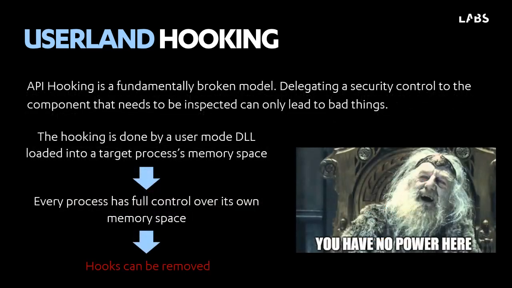And you can see in the slide, it's pretty simple. However, we should say that despite being the most common technique used by EDRs to inspect APIs and detect process injections and things like that, it's probably the worst. At least in general, the detection model used by userland hooks is kind of broken, because, as we already mentioned, userland hooks are implemented in a DLL. They're loaded into the target process memory, right?